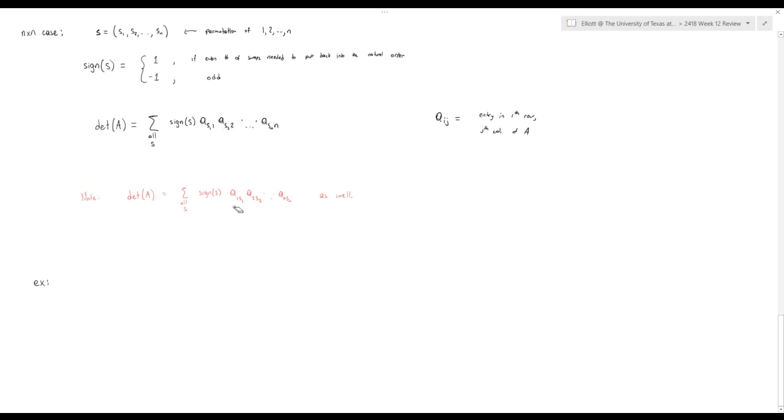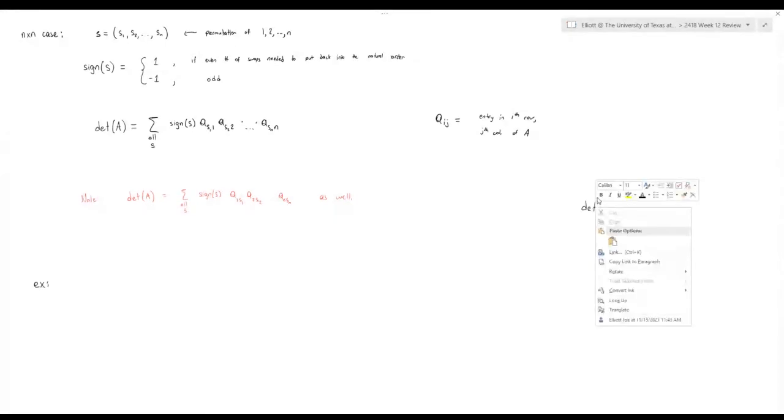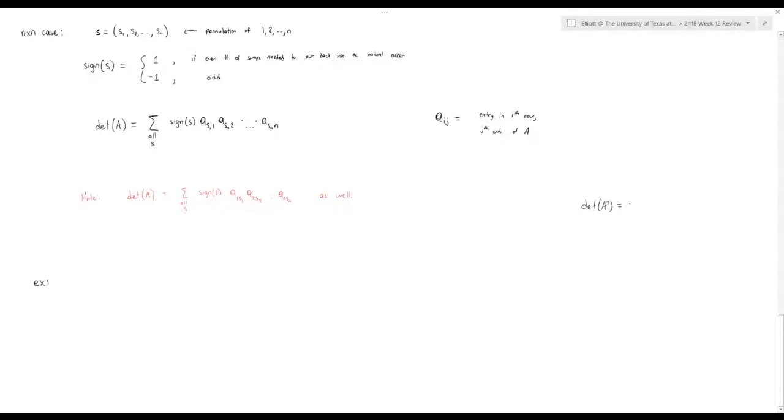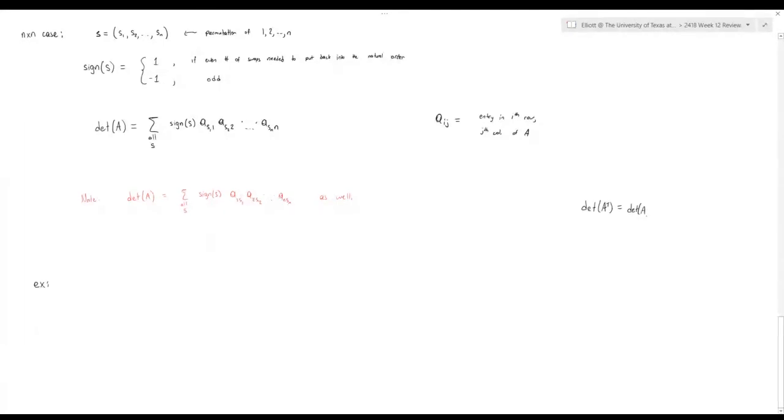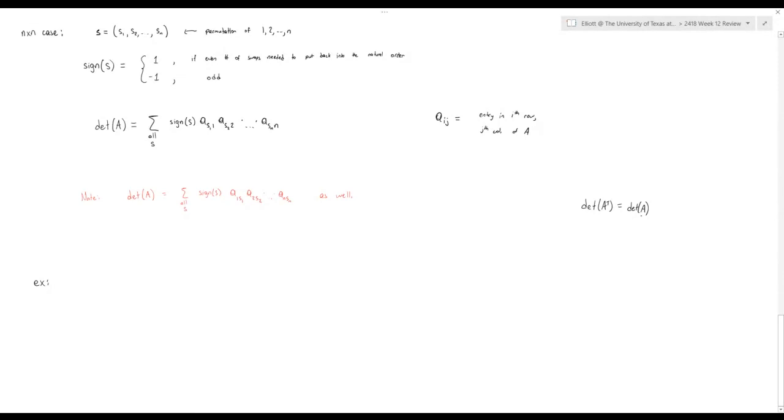But here they flipped it, where this is an entry in the first row, this is an entry in the second row, and so forth. It happens that they both give the same answer though. I'll talk about it later, but there's a property that the determinant of A transpose is the same as the determinant of A. And that reflects the fact that these two give you the same result. All right.